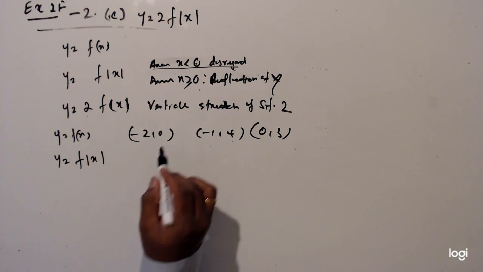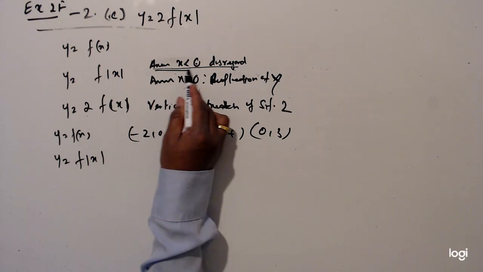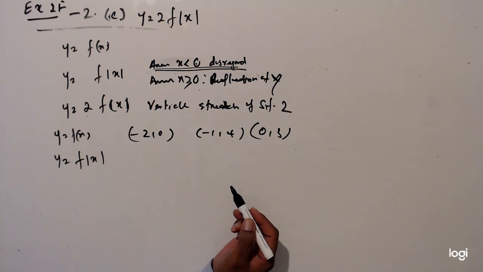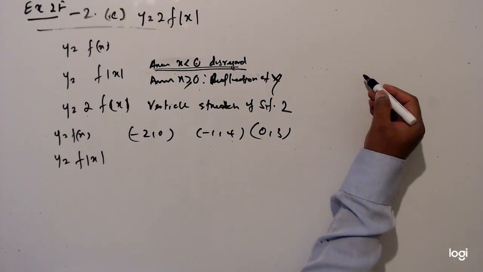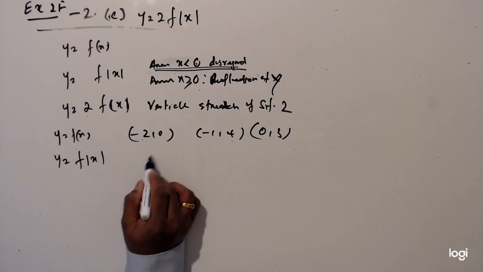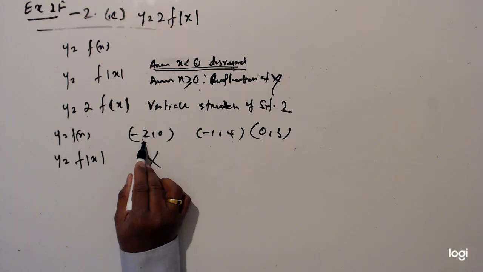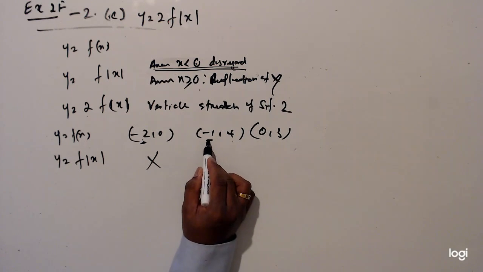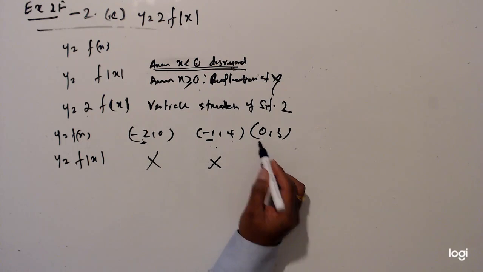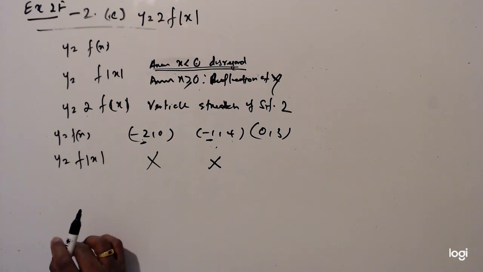What we need to do now is disregard any x values less than 0. So basically this point we have to disregard. This is x values greater than 0. This point is also x less than 0, so also disregard, and we can leave this point.